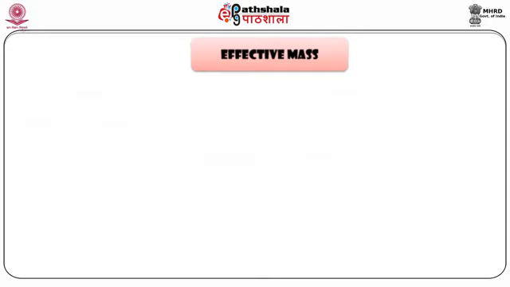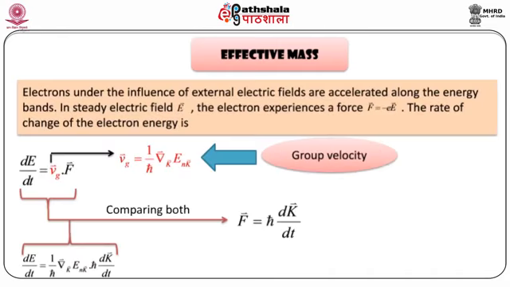Electrons under the influence of external electric fields are accelerated along the energy bands. In a steady electric field E, the electron experiences a force equal to minus the electronic charge multiplied by the electric field E. The rate of change of the electron energy dE/dt is equal to the group velocity Vg dot F, the force, where the group velocity Vg is equal to 1 by h cross del of E(k).